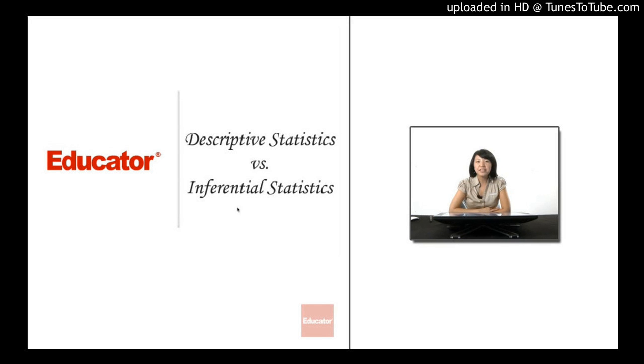So let's find the x bars for exercise regime number 1. Excel makes it nice and easy for us to just find out all those averages very quickly. And then once we have that, now we could find the grand mean. The grand mean is also very easy to find here.